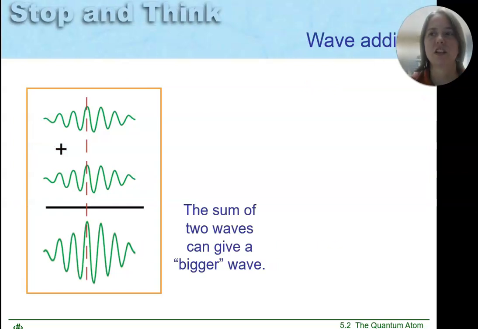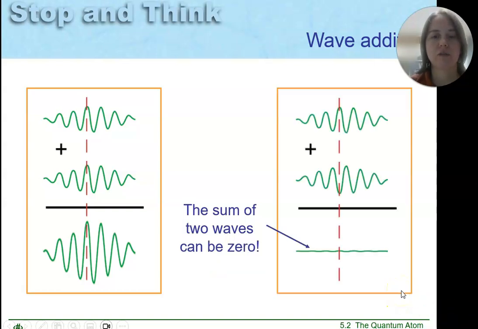Okay, wave addition. Waves can do math. So if you have one wave and another wave, and if they line up, you get a bigger wave. Kind of like if you have one ball and another ball, you have two balls. However, waves subtract. So if the crest of one wave lines up with the trough of another wave, they just cancel each other out.